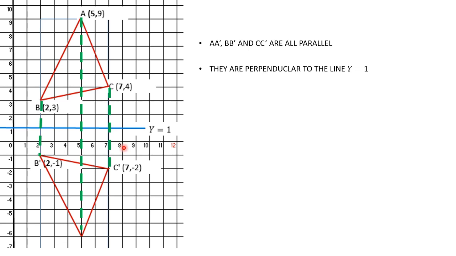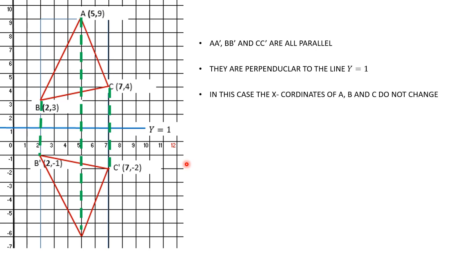Whenever we have an object and image, the middle line will always be a perpendicular bisector of a line connecting corresponding points on the object and image, like A A prime, B B prime, and C C prime. I hope you notice that. That can always help you know if your work is well done.